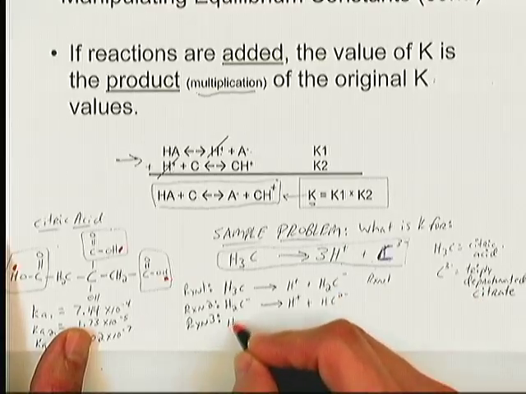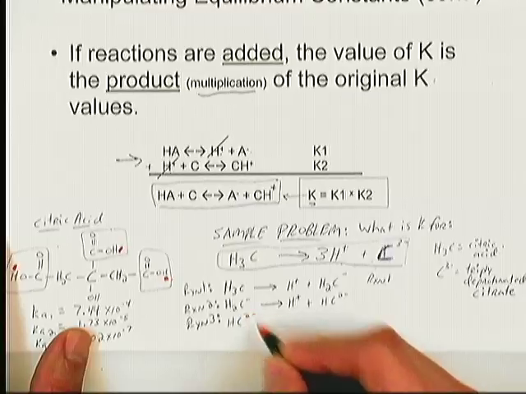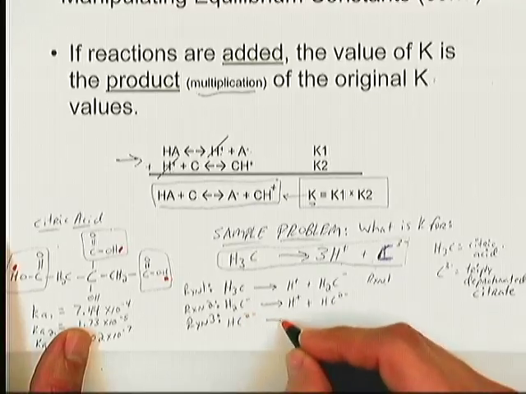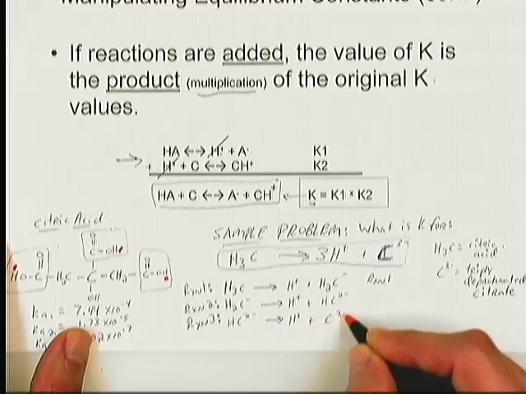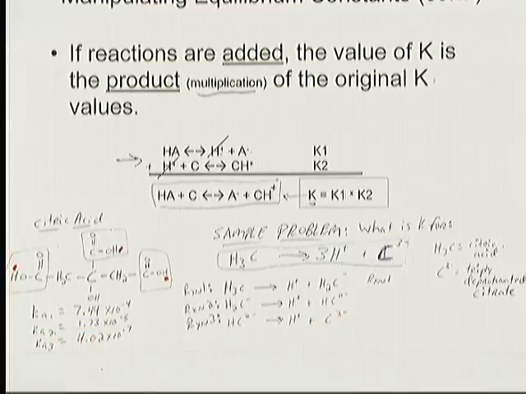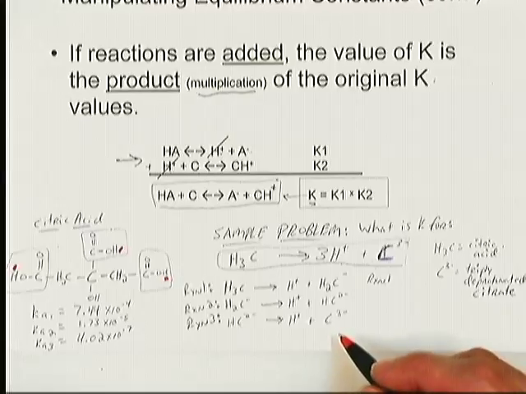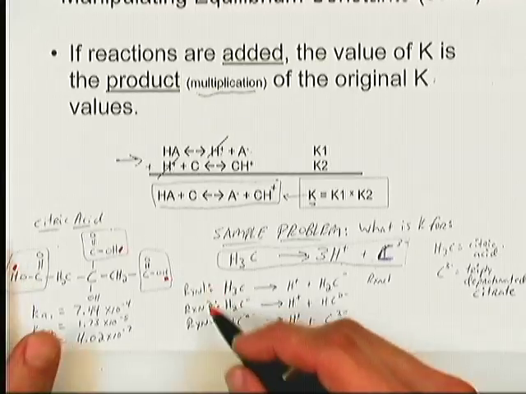Finally, in the third reaction, I take this, deprotonate a third time to make H plus and C3 minus, my triply deprotonated citrate. So I have reaction 1, 2, and 3.